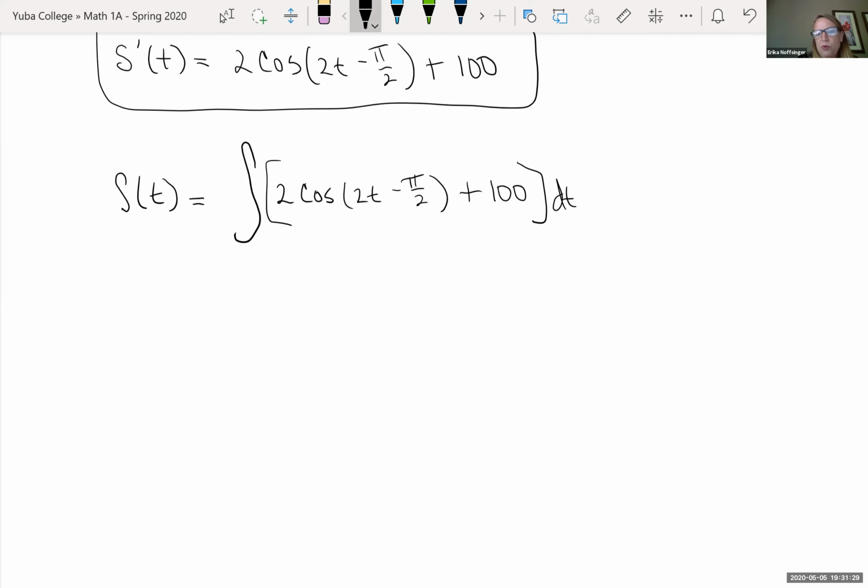But I guess I can still use u-substitution and it won't give me too much problem. So u equals 2t minus pi halves, du is equal to 2 dt, so dt is equal to du divided by 2.